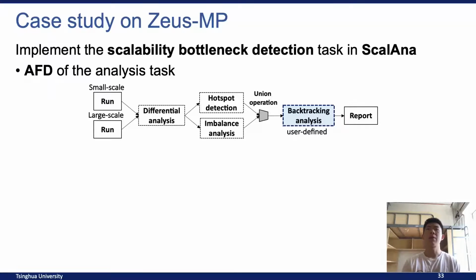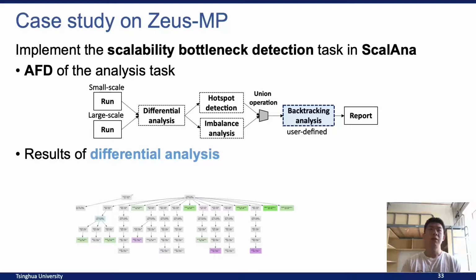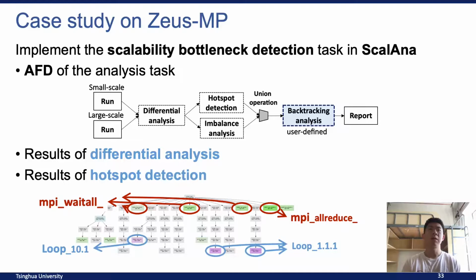Other passes are built-in passes provided in PerFlow. The results of differential analysis show the scaling loss on the top-down view of PAG. And hotspot detection passes show that MPI functions and some loops are the severest scaling loss.